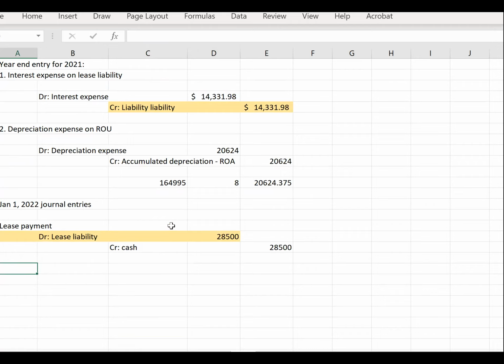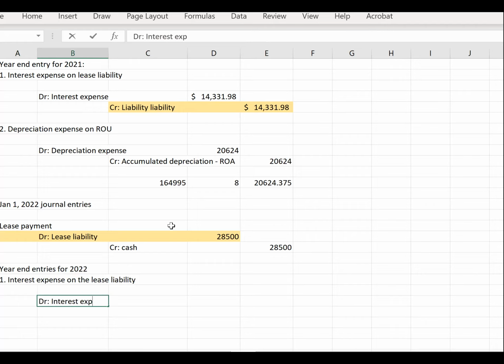So then the next thing we're going to do is have our year-end entries for 2022. Our first entry is going to be interest expense on the lease liability. So we're simply going to have debit interest expense and credit lease liability. I see up here it says liability. This should say lease liability. I'm sure you noticed that.